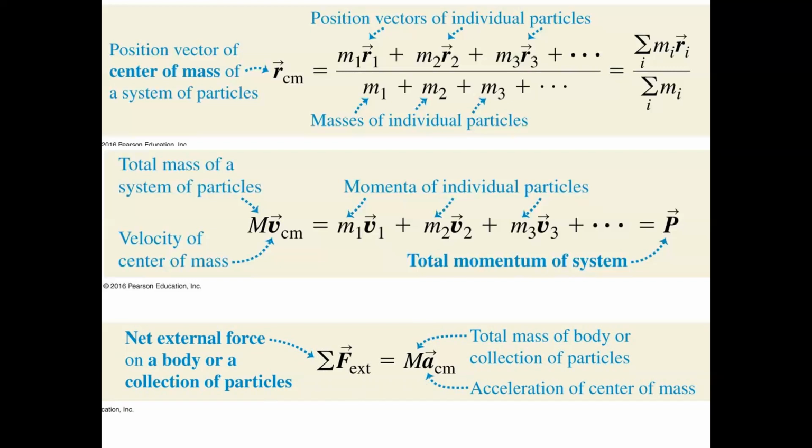Remember, this acceleration is not the acceleration of other particles, but of the center of mass, or the particle located at the center of mass. So total mass times the acceleration of the center of mass gives you the net external force acting on a body or collection of particles.